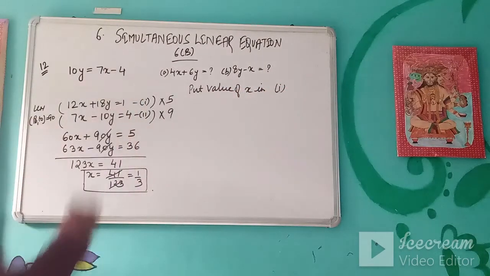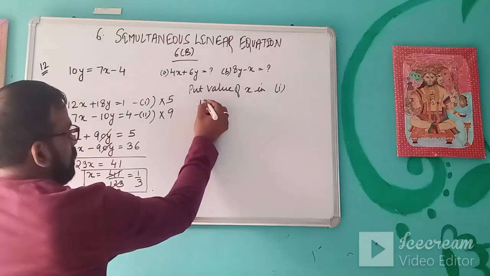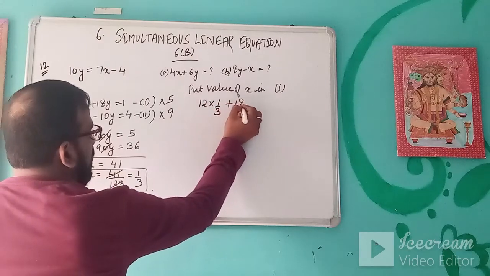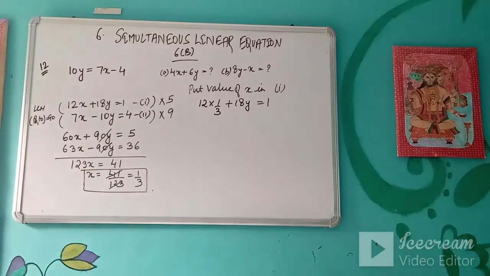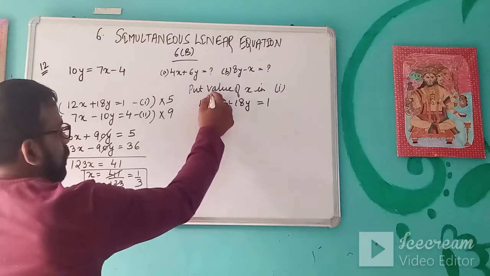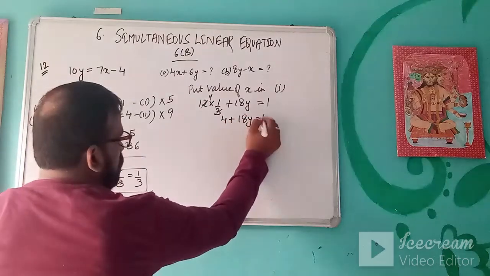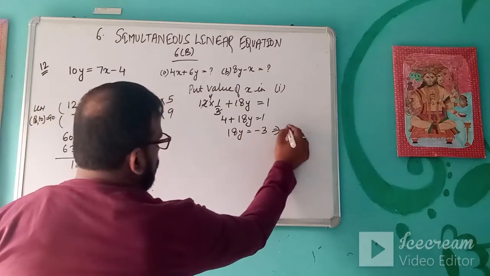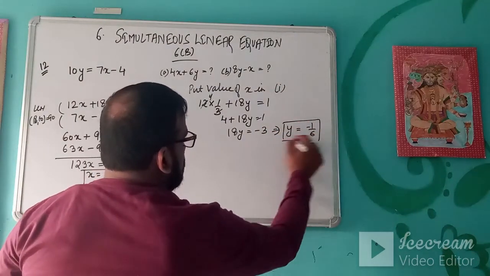So this was our first equation. It will be 12 into 1 by 3 plus 18y equals 1. So it will be 4. So 4 plus 18y equals 1, 18y equals minus 3. So from here you will get y equal to minus 1 by 6.